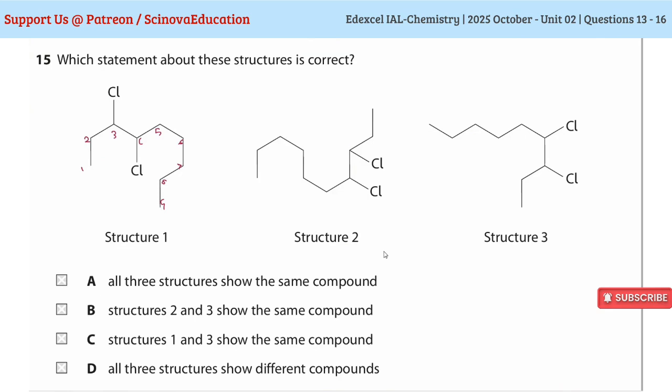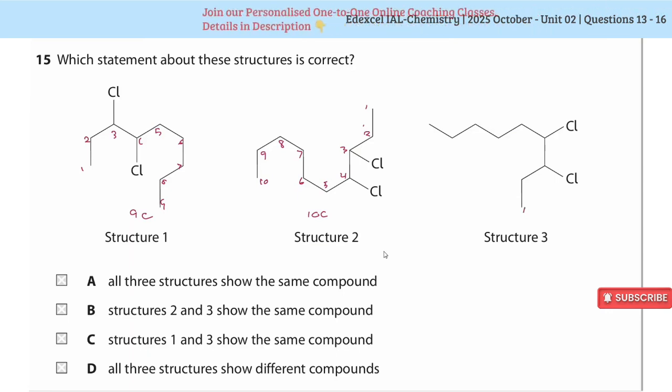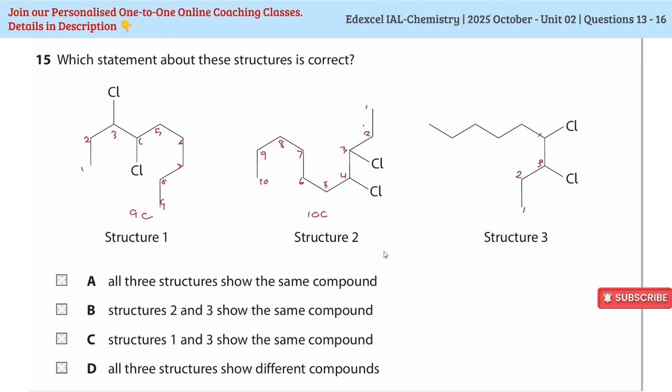And if you take this one, 1, 2, 3, 4, 5, 6, 7, 8, 9, 10. So that statement is definitely wrong because this structure contains 10 carbons, whereas this structure contains 9 carbons. And this structure also has 1, 2, 3, 4, 5, 6, 7, 8, 9 carbons. This is also 9 carbons.